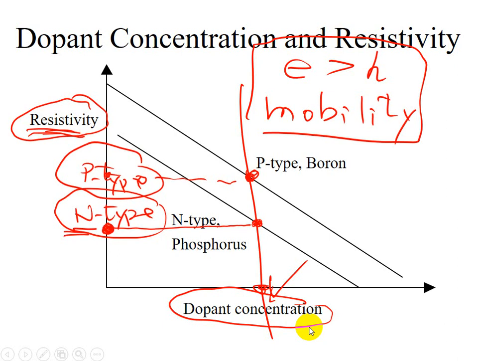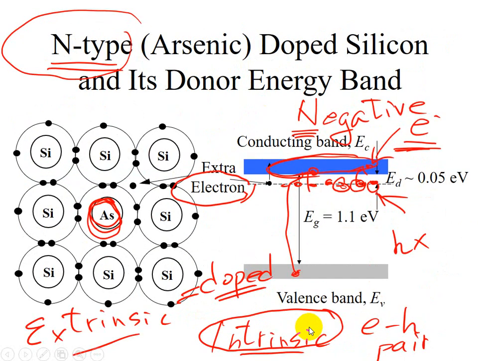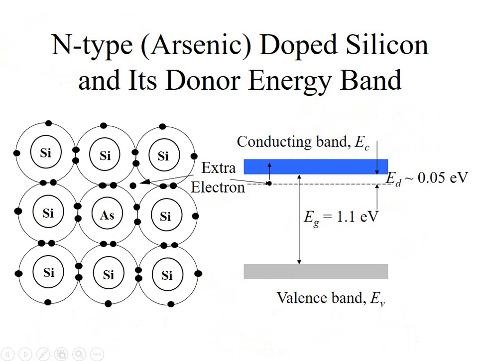Okay, that would conclude this part. In this part we discussed what is p-type semiconductor and what is n-type semiconductor, based upon the element that you introduce into silicon. For a group 4 silicon substrate, if you introduce a group 5 element, you have one extra electron, and that extra electron creates a donor energy level just below the conducting band, very close to the conducting band.